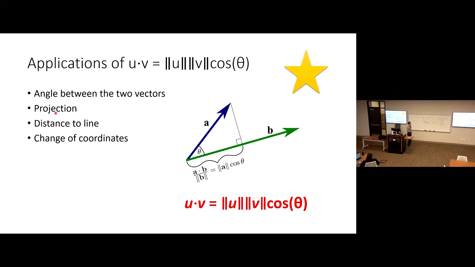Another second usage is to do this projection, as I said. You can use this relationship with this equation. This equation tells you the length of this d, see, this d is the projection of one vector onto another. How long is this? This is basically u times v divided by the length of u.